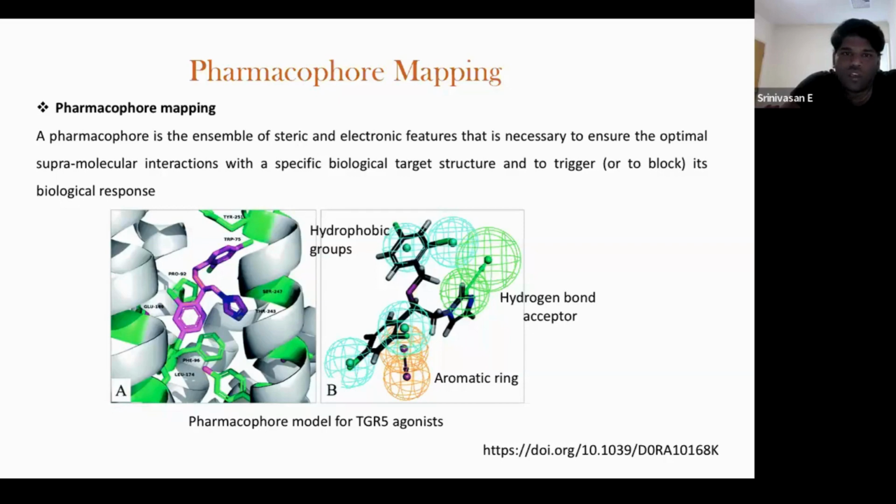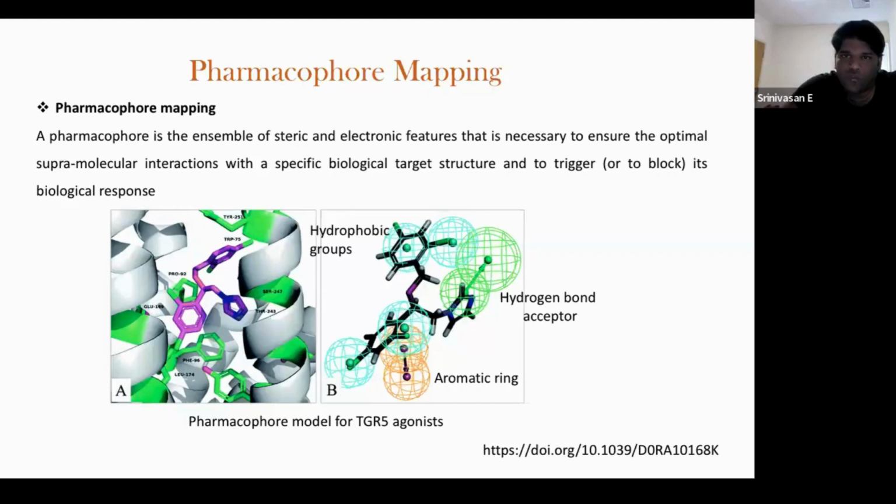Suppose you have a molecule which has a hydrophobic site, an aromatic site, and a hydrogen bond donor site. You don't know how to change a small chemical feature in the compound that could enhance its binding affinity. You can use pharmacophore mapping to tell you which particular feature is important, such that if you modify it, it will enhance the binding affinity. That is the most important purpose of pharmacophore mapping.